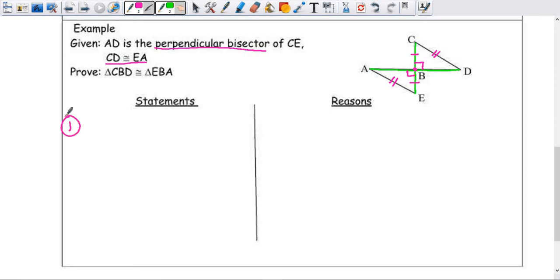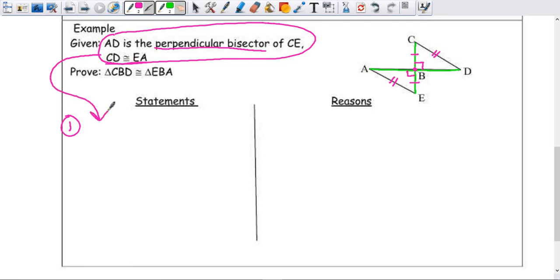All right, so we have our given. So all of this information, again, I'm not going to write it all out, should be our first statement. And the reason is always given. So now we use what we got from our given. So using AD as the perpendicular bisector of CE, I was able to mark that angle ABE was congruent to angle DBC.